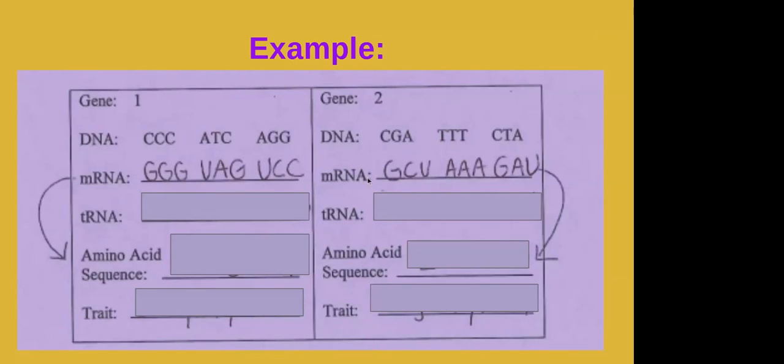Now remember that the messenger RNA is ultimately what we're going to use for the amino acid sequence. If you've done the gizmo by now, you guys saw the tRNA come into play. Remember I called the tRNA like tow truck RNA.